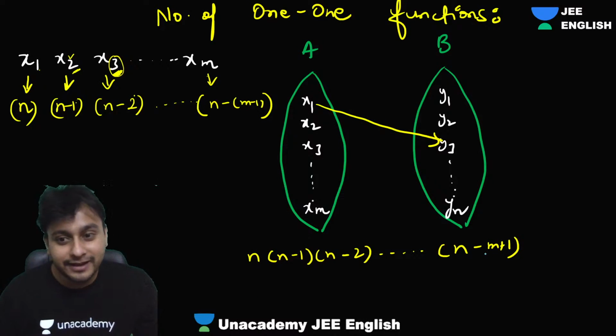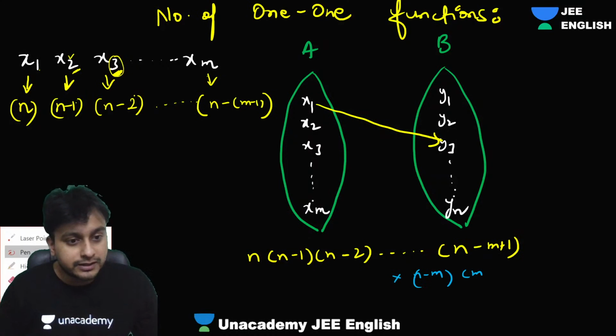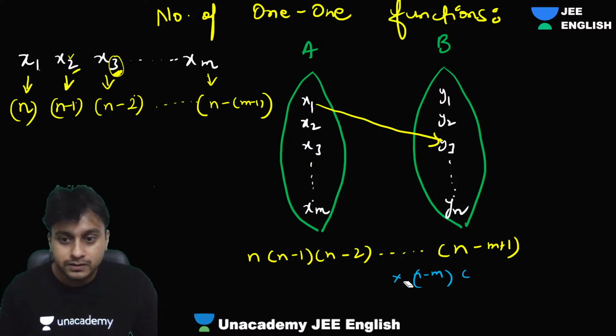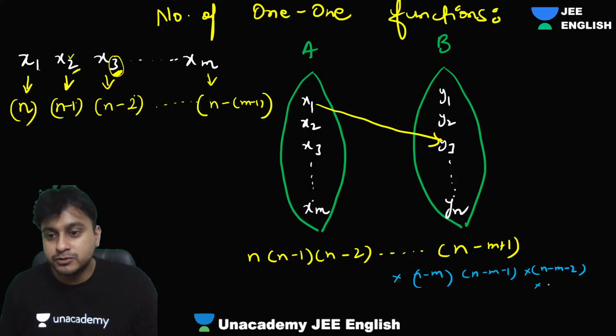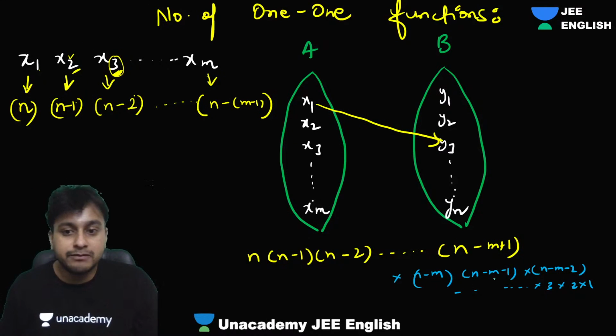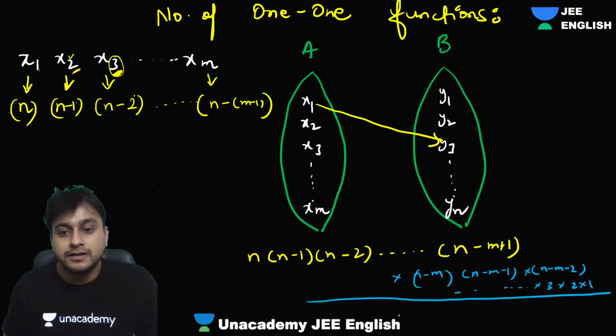Let's suppose, guys, if I extend it and keep on multiplying with n minus m, then n minus m minus 1, and so on, till finally 3 into 2 into 1. I've multiplied it with that, then I've divided by the same. So I've multiplied and divided by this huge thing.